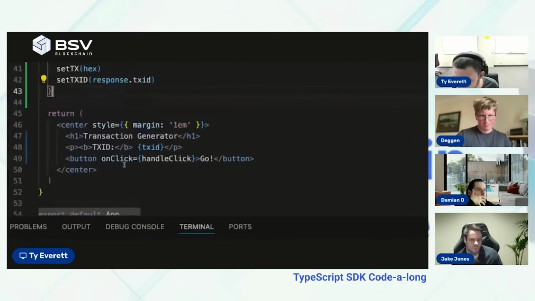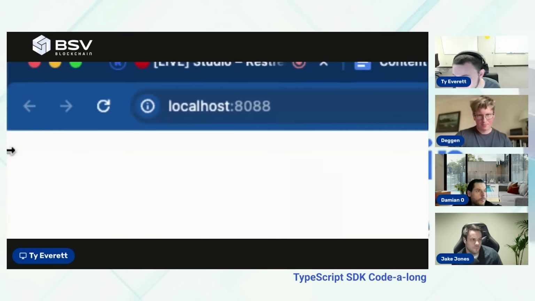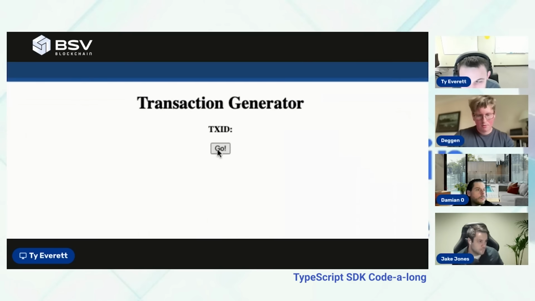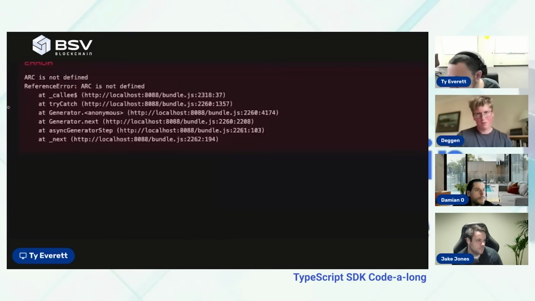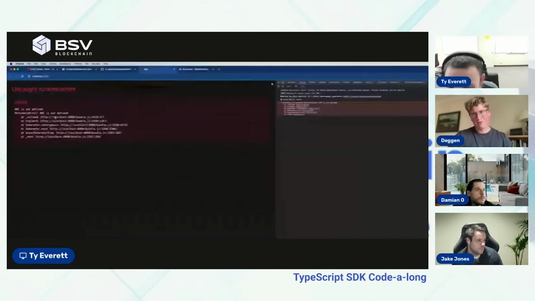All right, I think I'm about in the same state as you, Dagan. I should be able to now click the button and see what will happen. Okay. So I'll just do that, and here we go. Oh, of course.